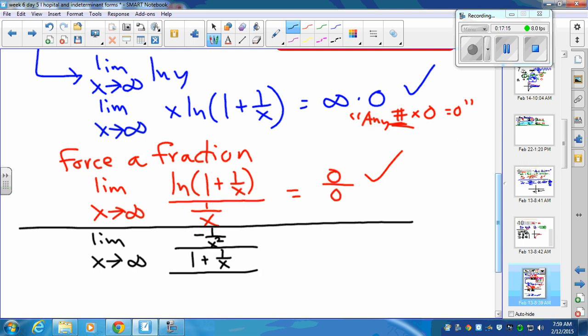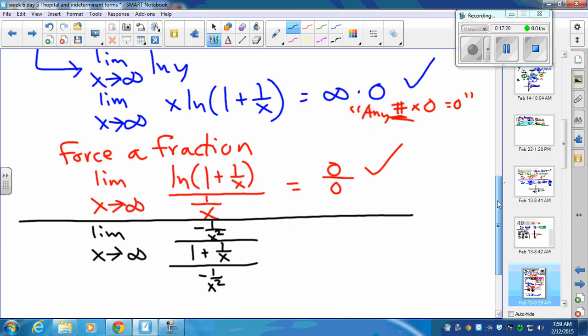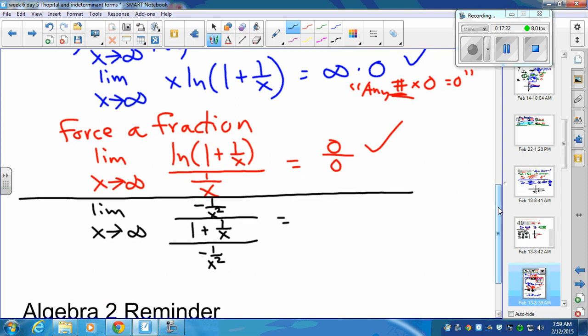And this guy, I'm going to get the same thing, which is kind of nice. And before I even try to figure out what that is, let's see what that merges to. That divided by that is going to be the limit as x goes to infinity of negative 1 over x squared all over negative 1 over x squared times 1 plus 1 over x.